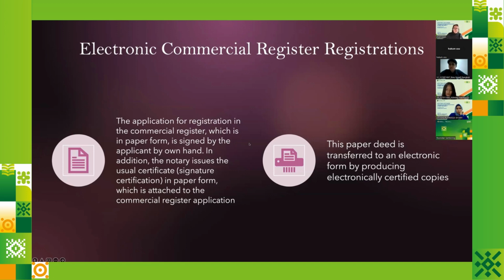So the application for the registration in the commercial register, which is in paper form, is signed by the applicant by own hand. This is the process. In addition, the notary issues the usual certificate, the signature certification in paper form, which is attached to the commercial register application. And this paper deed is then transferred to an electronic form by producing electronic certified copies.